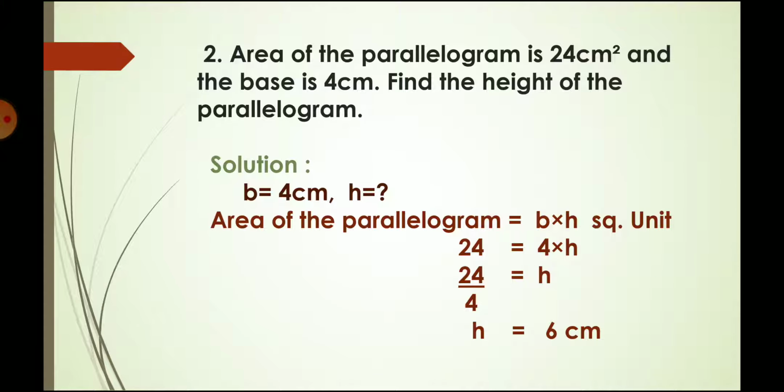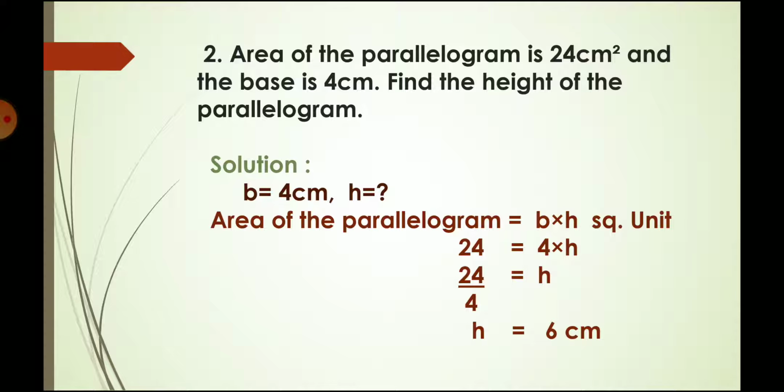See the second one. The area of the parallelogram is 24 centimeter square and the base is 4 centimeter. Find the height of the parallelogram. Here they gave the area of the parallelogram and also the base value. The base is called the breadth, so never mind whether it is base or breadth.